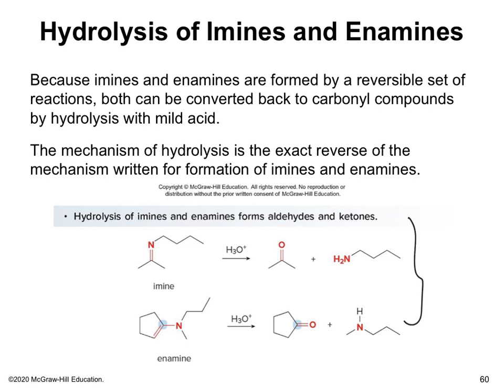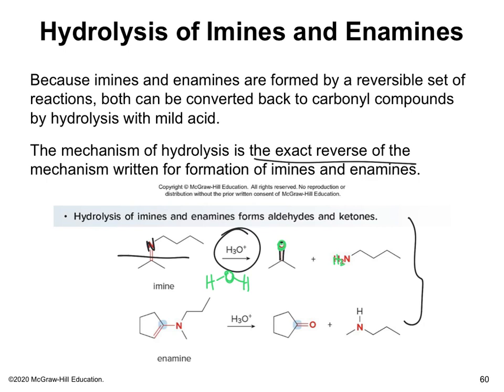This is also showing you that these are reversible reactions, so you can just add acid, and then you can see that this becomes the ketone, and then this adds hydrogen. So all of these, you're adding water to reverse them. The oxygen here is going to the carbon, and your hydrogen is going to the nitrogen.